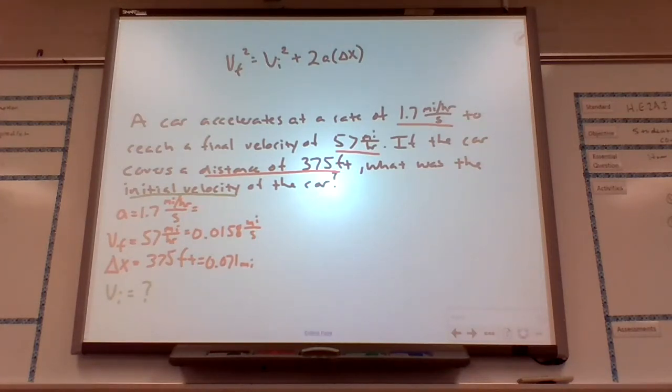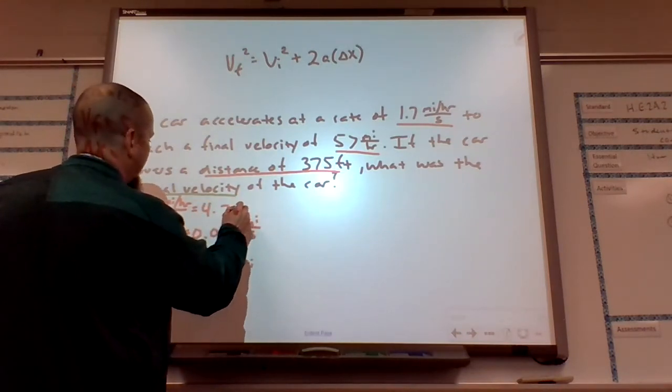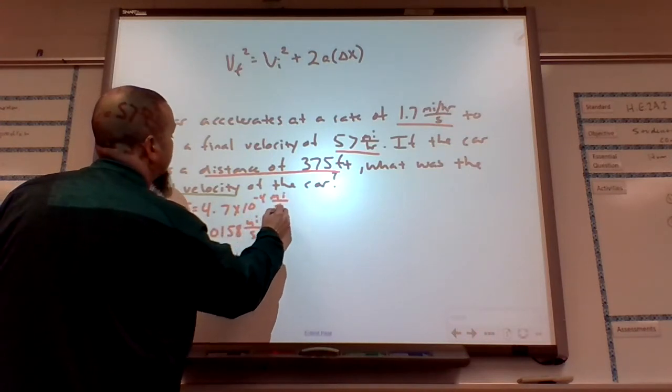Divide it by 60 again. That would tell you what your acceleration is in miles per second. That is 4.72 repeating times 10 to the negative 4 miles per second squared.